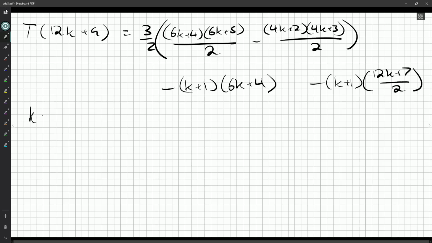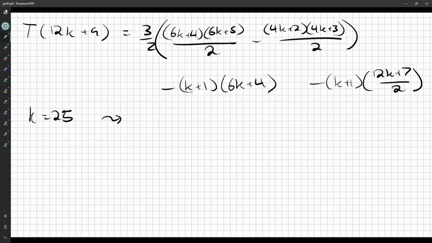So with k equal to 25, this gets me 6k is, so we have 154 times 155. Minus 102 times 103.